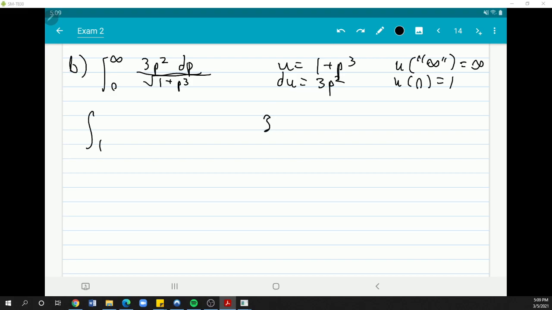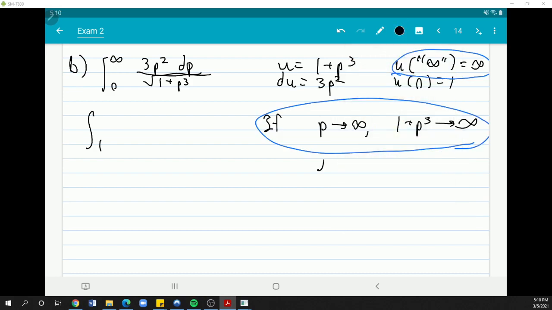If p is going to infinity, 1 plus p cubed is going to infinity. So that's the explanation for why we're allowed to sub in like this.